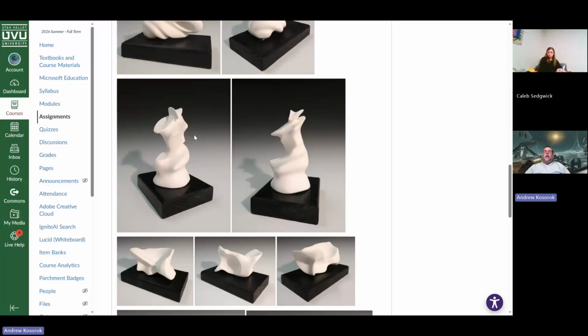This makes me think of forms moving through space, that Italian futurism sculpture. I can't remember who. Let me see if I can find out who. I'll see if I can find a picture of it.